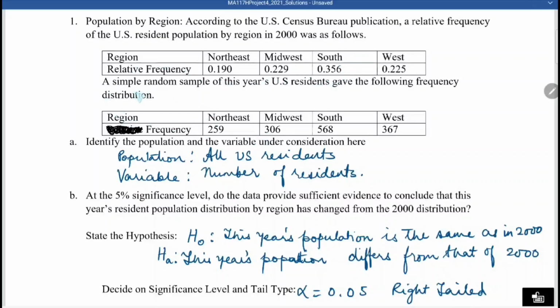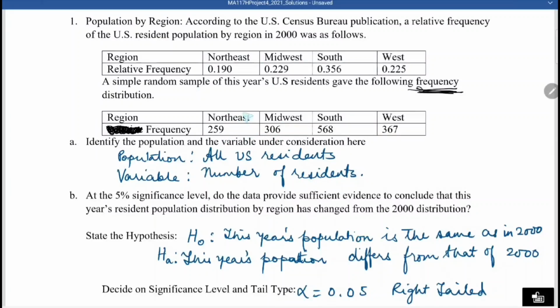Then the second table says a simple random sample of this year's US residents gave the following frequency distribution. Now, if the project you download says relative frequency, please cancel that out, because over here it says it's the frequency values given to us. 259, 306 cannot be relative frequency values.